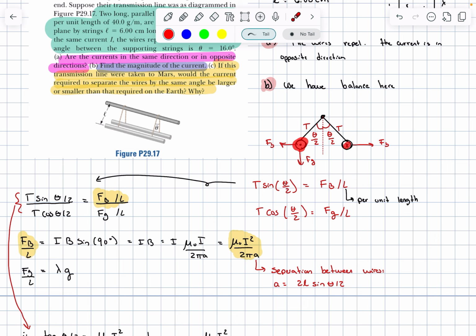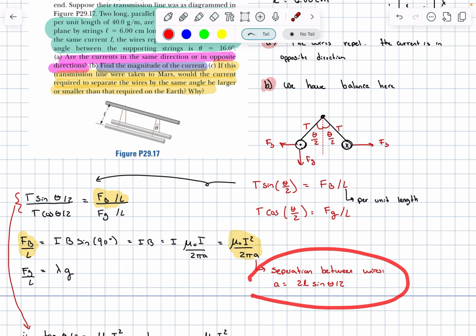How far away is that? Well, that distance here is equal to A. What is A? Well, if this here is L, right? So T is the tension, but also is the length L represented here. This here is L times sine theta over 2, and we need twice that amount to get this distance between them.